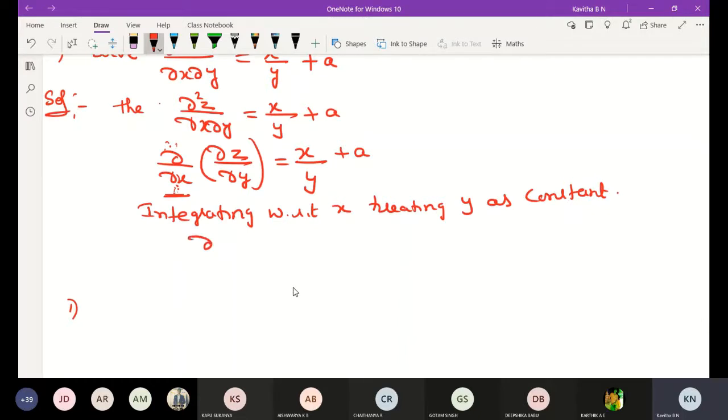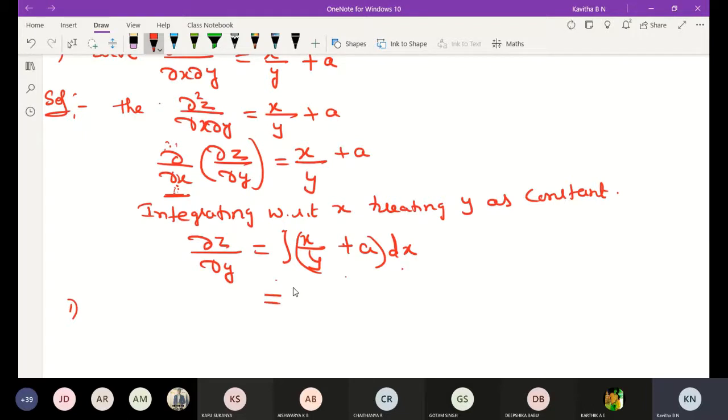Del by del x gets cancelled by the integration. Del z by del y is equal to the integration of x by y plus a, dx. Del z by del y means we are partially differentiating with respect to y, and integrating with respect to x.